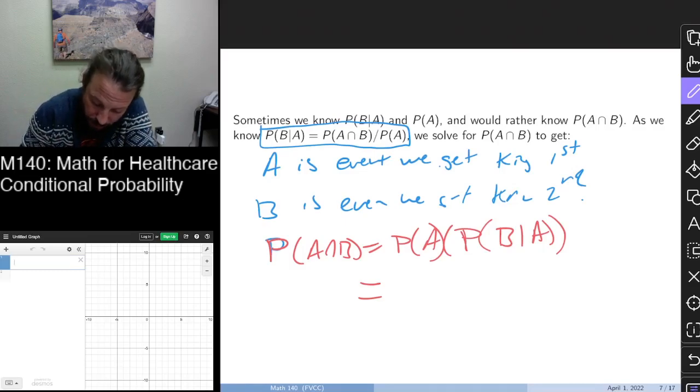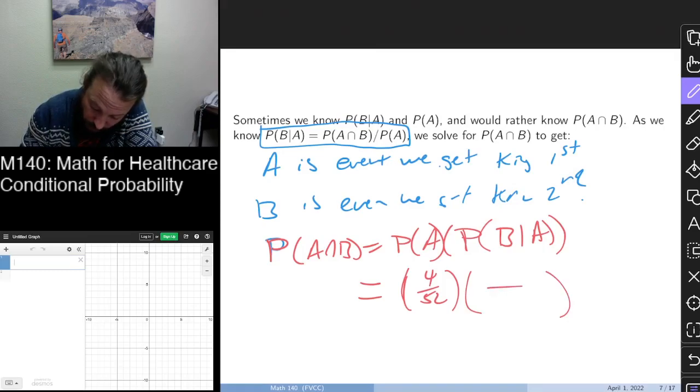And we know the probability of getting a king first, probability of A, is 4 out of 52. And now the probability of getting a king second, given that we got a king first, is going to be 3 out of 51.